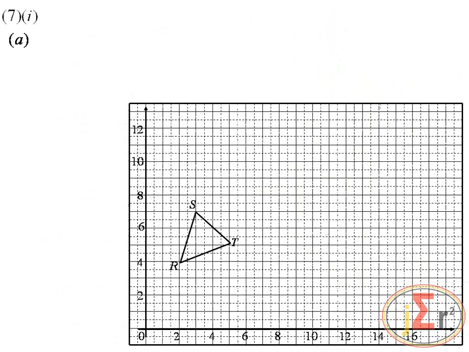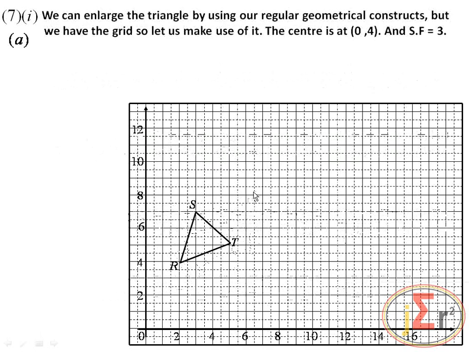Now we will perform a size transformation on this, centered at (0,4), and the scale factor is 3. We can enlarge a triangle by using our regular geometrical constructs, but we have the grid, so let us make use of it. The center is at (0,4) and the scale factor is 3.